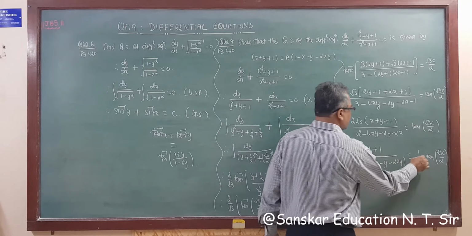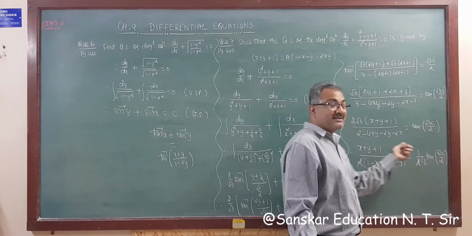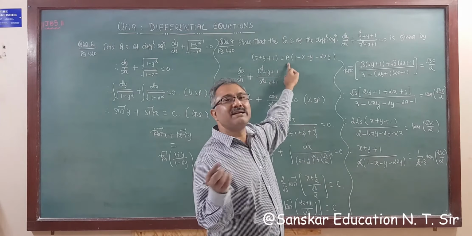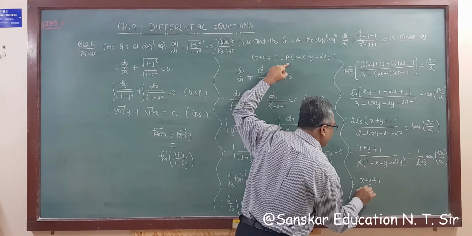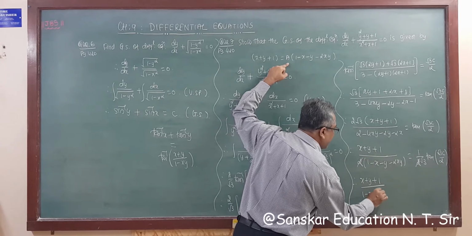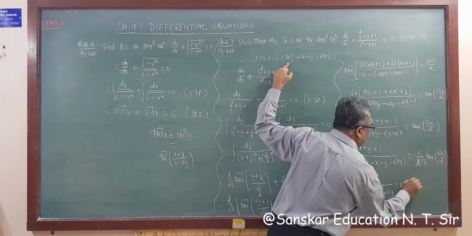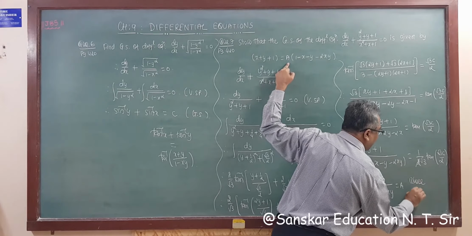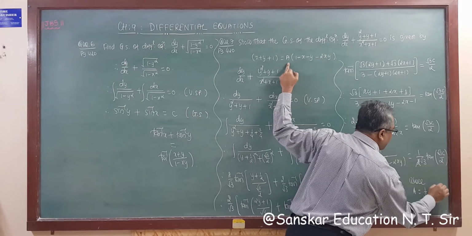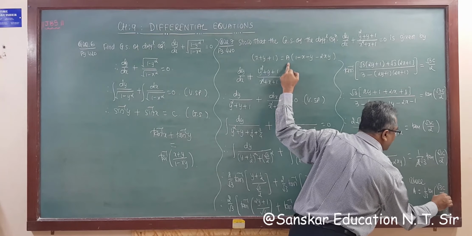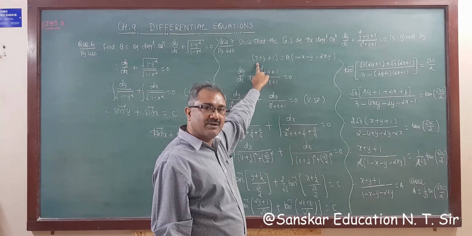So these two will be cut, and I am assuming this as one arbitrary constant, which is given here as a, so I am assuming that is a. So what we get: (x + y + 1) whole upon (1 − x − y − 2xy) is equal to a, where a is equal to 1 upon √3 tan of √3 c by 2, and cross multiplying we get the general solution which you want to prove.